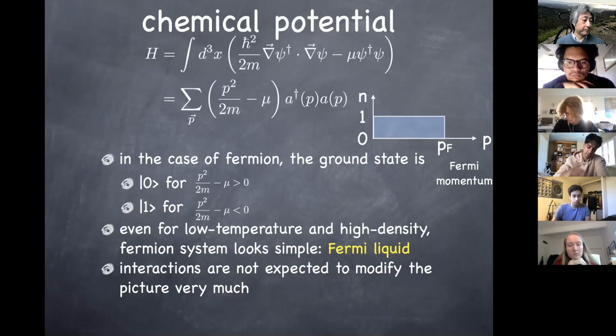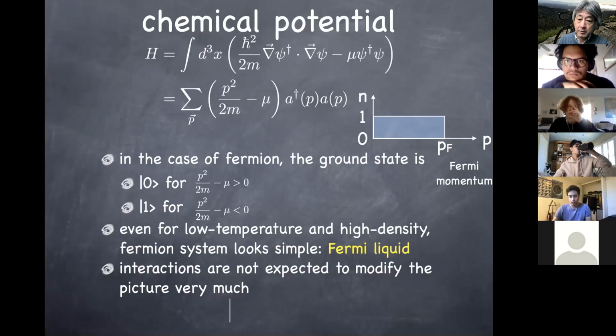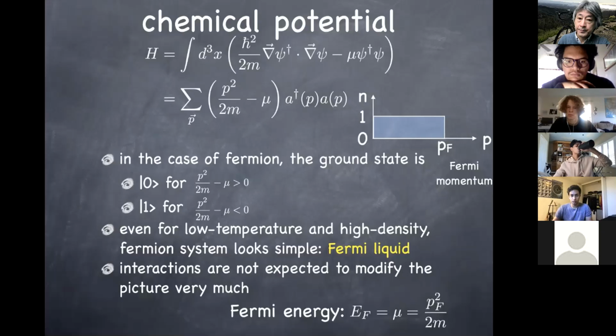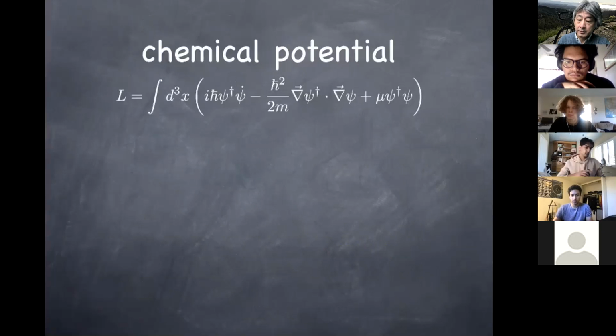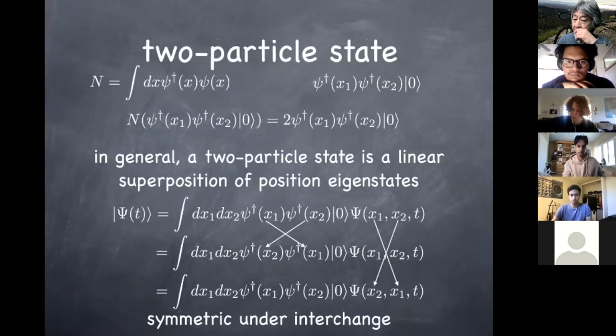Chirag? I have a question not directly related to this slide, but I'm just thinking about anti-symmetrization in general. I remember in 137b, we saw that that led to an effective potential between fermions. So I was wondering how does that play into the formulation we have here? Can you tell me what you meant by effective potential?